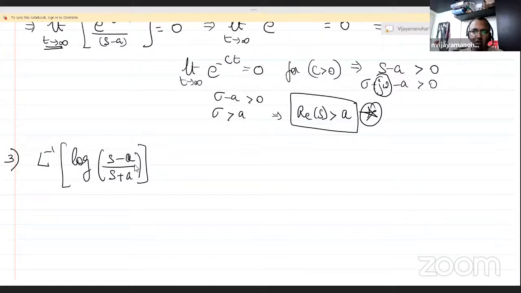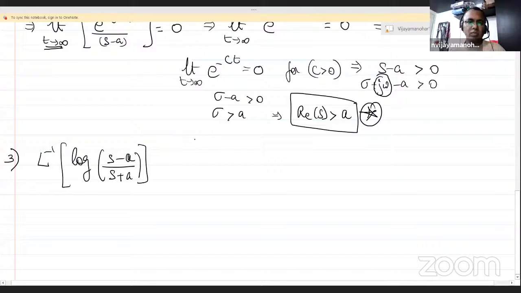It is s minus a by s plus a. So this is the question: log of s minus a by s plus a.